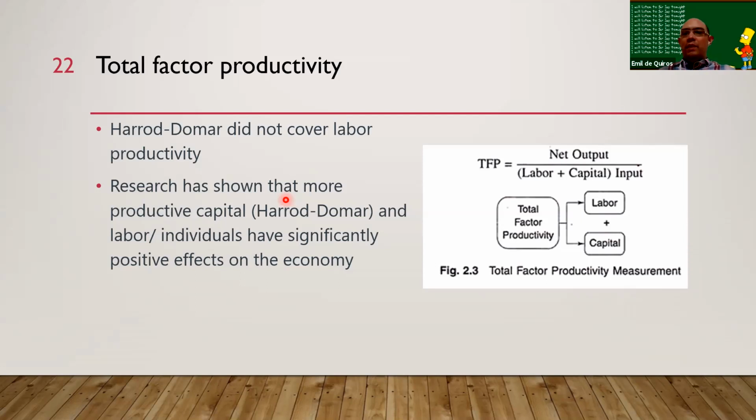It's constant. But no. The productivity of people matters in the same manner as the productivity of equipment. So it matters a lot as well. So that's the major weakness of Harold Domar. He did not cover labor productivity. What about the human side?